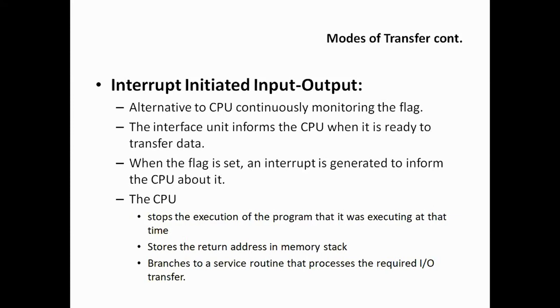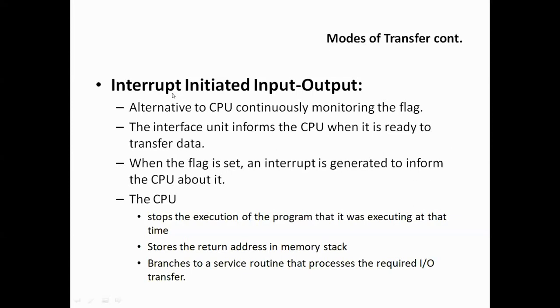So the CPU does not have to continuously check the flag of the status register. It is the interface which will automatically ping the CPU. It will tell the CPU that some data has come. This way is called interrupt initiated input output. That means whenever some data is coming, an interrupt signal will be generated and go to the CPU.